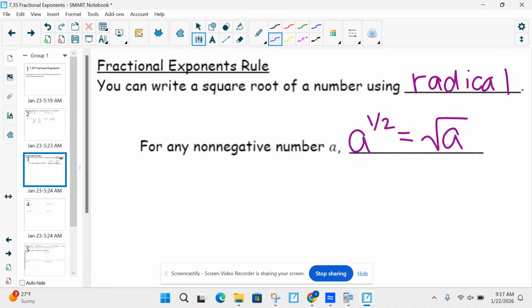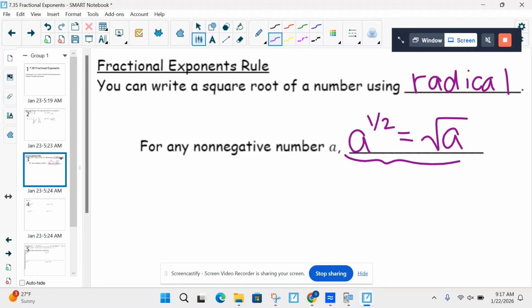Probably not going to be able to find my notes. That's okay. That's all it says. Okay, so we're going to practice. Actually, let me write another way. That's the general case, and that's the most basic one, 1/2. So 1/2 means a square root.